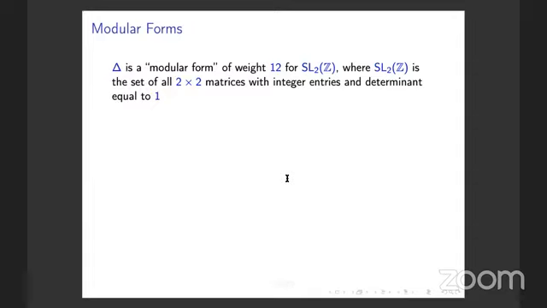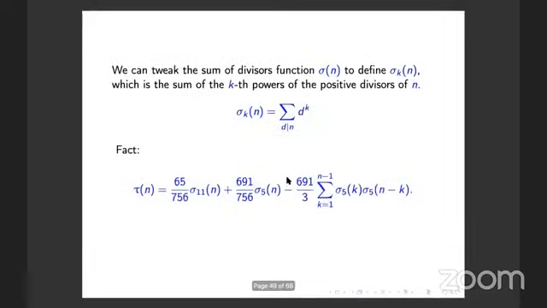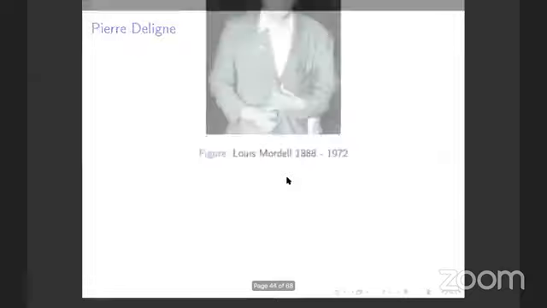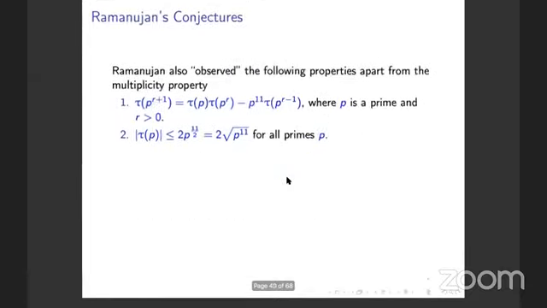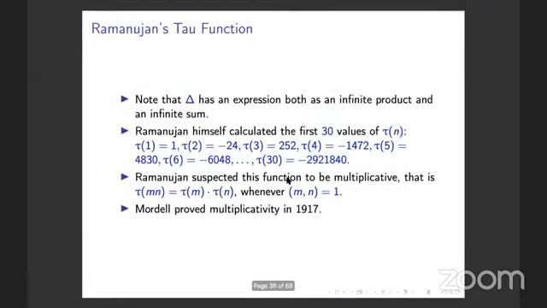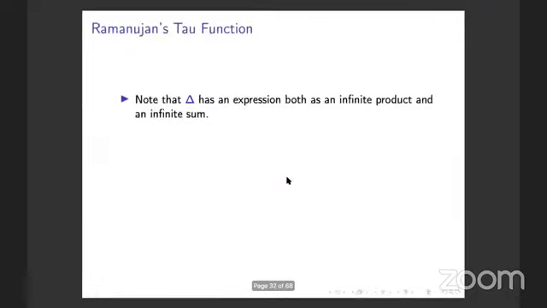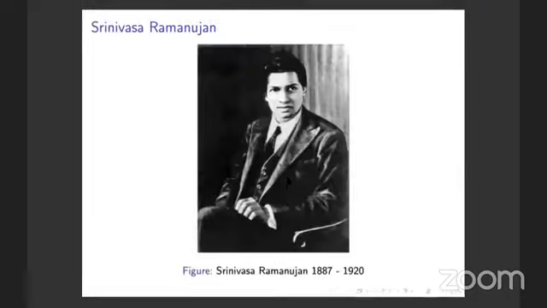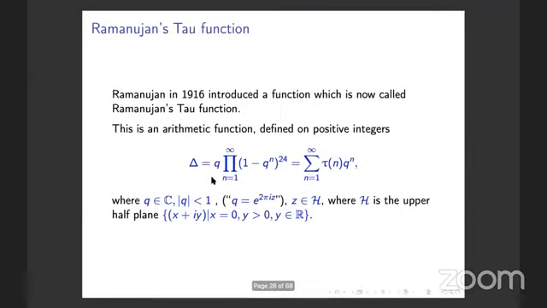Okay, so now let's come to modular forms. I'll make this statement and then I'll explain everything in it. This delta, remember, was the defining function for Ramanujan's tau function. Let me show you what delta was. Delta was this infinite product, which was also the infinite sum of tau of n q to the power n.